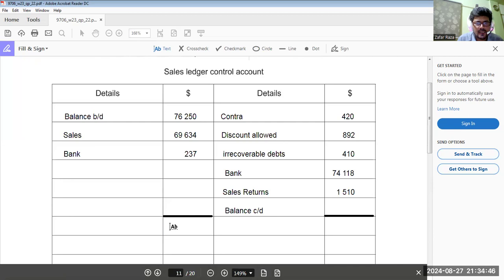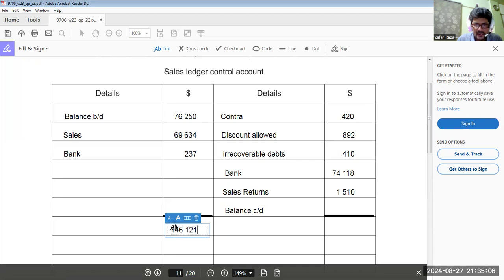So first we get the total over here: 76,250 plus 69,634 plus 237, 146,121.